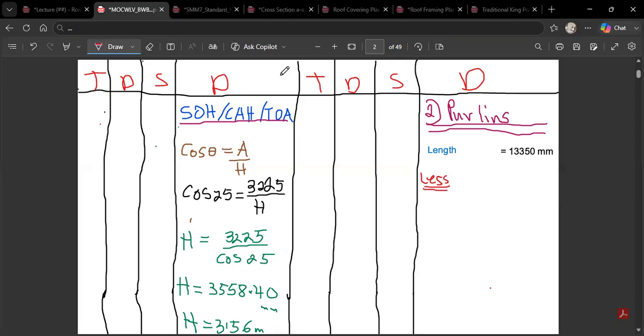So we are going to less the roof eaves, as we did at the initial stage.